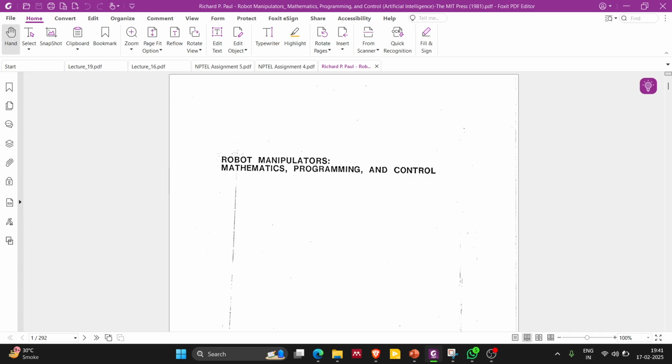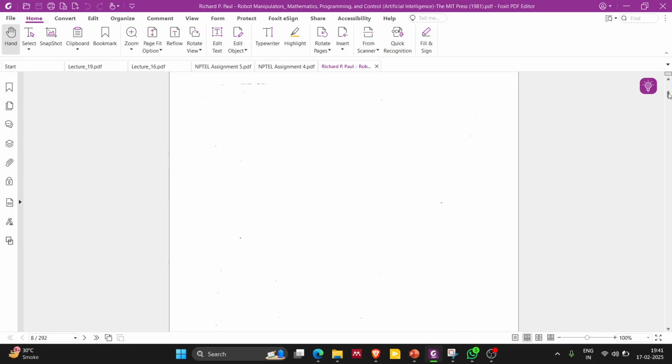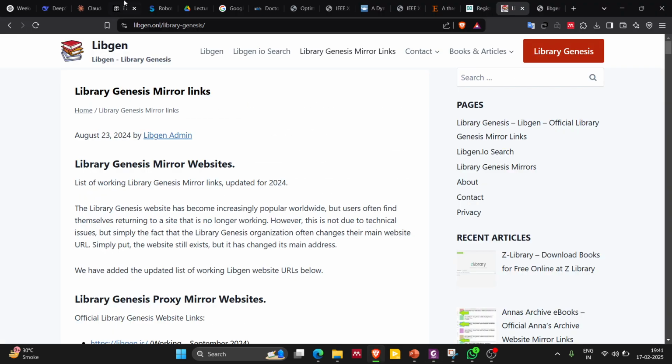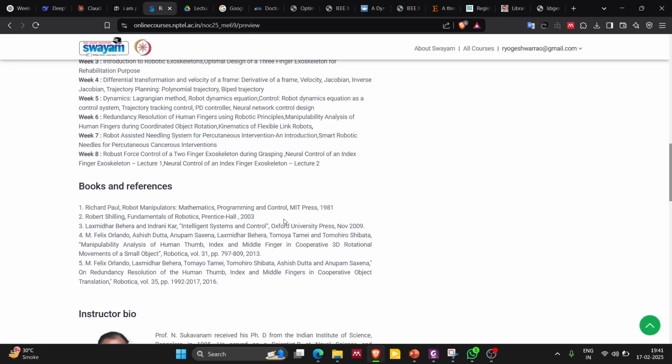This was the primary book which was actually given. If you find Robert Schilling's Fundamentals of Robotics, that is also good. I have not gone through that book, but you can refer to it.